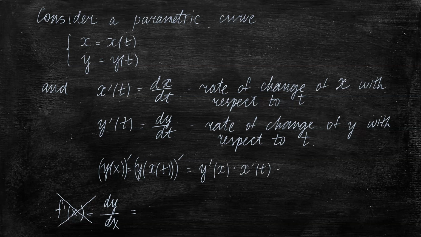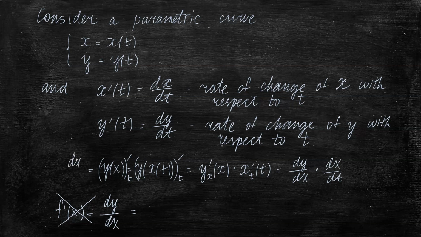So using the Leibniz notation, this can be written as dy dx multiplied by dx dt. Per the chain rule, this is the derivative with respect to x, and this is the derivative with respect to t.